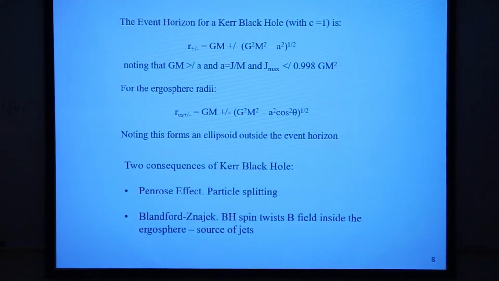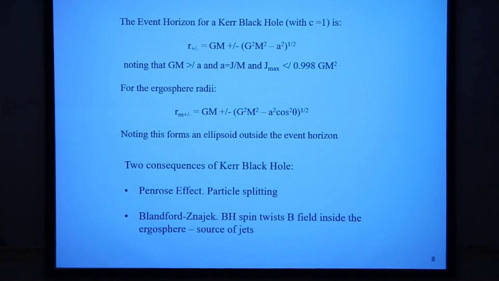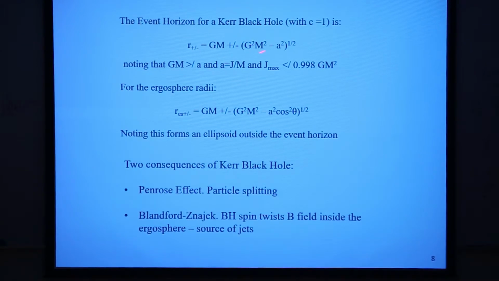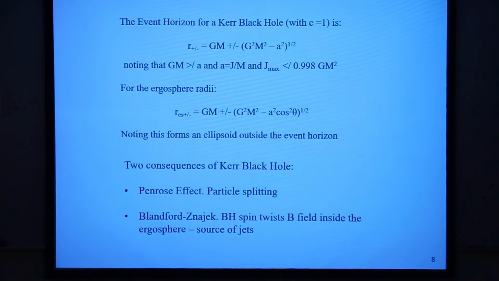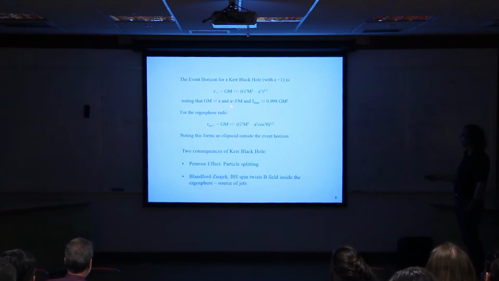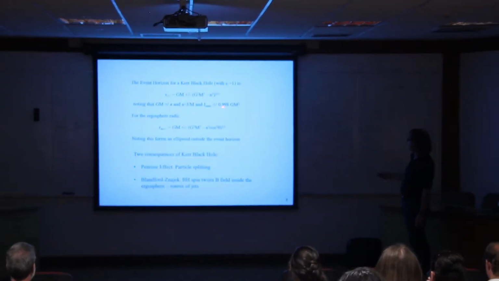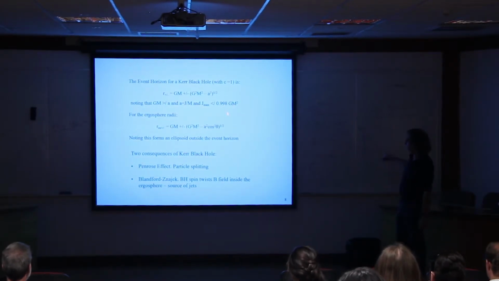Now, the event horizon for a Schwarzschild black hole is just 2GM over c squared, with c equals 1 again, but for a Kerr black hole, it's somewhat different. It's equal to GM plus the square root of G squared M squared minus a squared, noting that GM is greater than or equal to a, where a is equal to J over M, and J max goes up to about 0.998 times GM squared in this system.